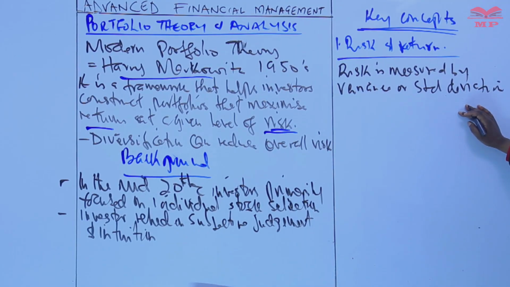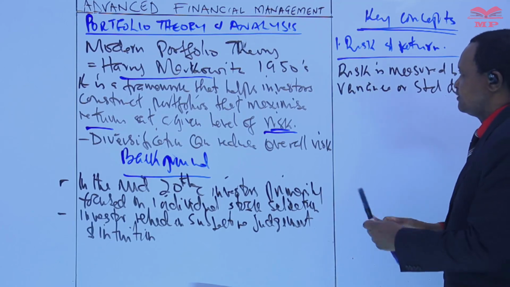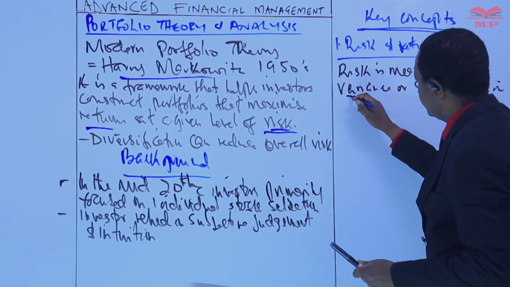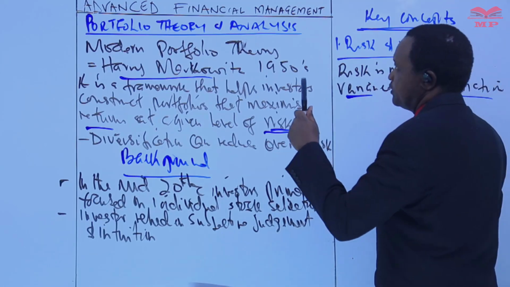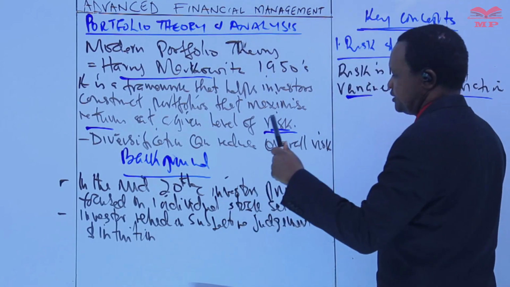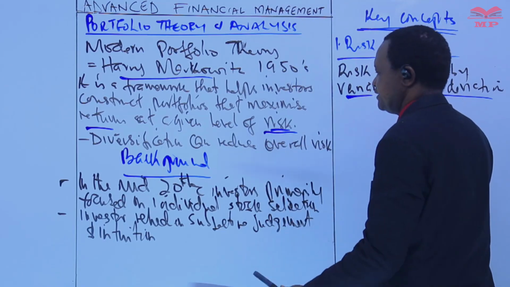Risk is measured by variance or standard deviation, and it quantifies the uncertainty associated with an investment's return. This is a financial metric as opposed to the traditional portfolio theory that focused on qualitative factors.